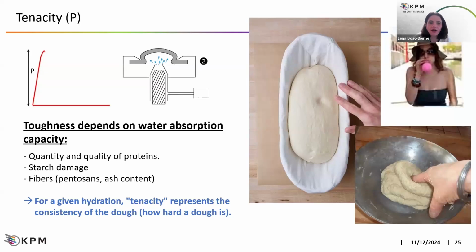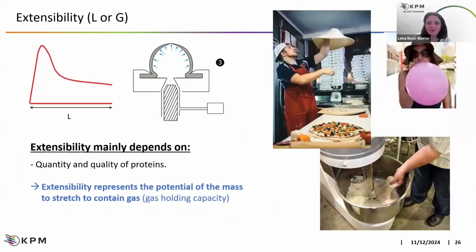This tenacity mainly depends on the water absorption capacity. If you have higher water absorption capacity, you will have a higher P value. And that depends on the quantity and quality of proteins, on the damaged starch content, on the fibers, pentosans and ash content, and so on. That's the tenacity.